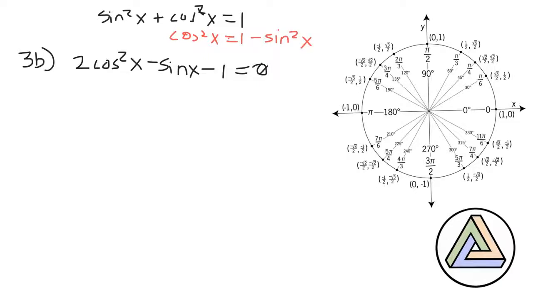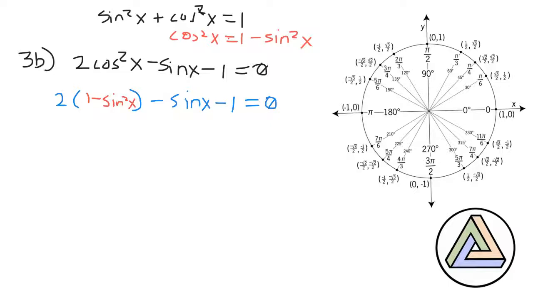So what this means is, if cosine squared x equals 1 minus sine squared x, then this cosine squared x also equals 1 minus sine squared x. So then we could, of course, put that in on the next line. I'm actually going to write empty parentheses. I always like to start with writing empty parentheses and then fill them in later. I like to do things systematically in that way. And then we have 1 minus sine squared x right there.